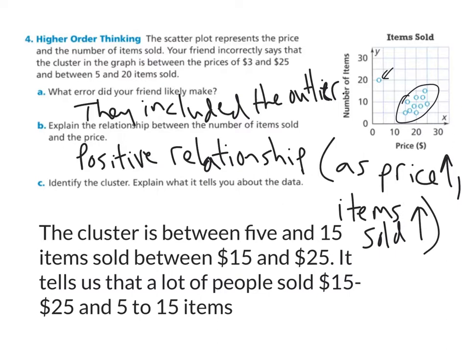So a little vague about exactly what we're talking about here, but as far as explaining what it tells us about the data, if I'm interpreting this correctly, we could say that it tells us a lot of people sold $15 to $25 and 5 to 15 items.